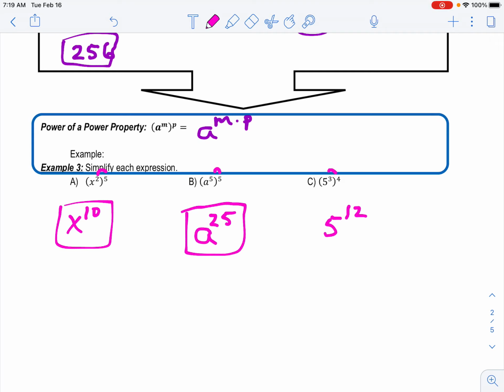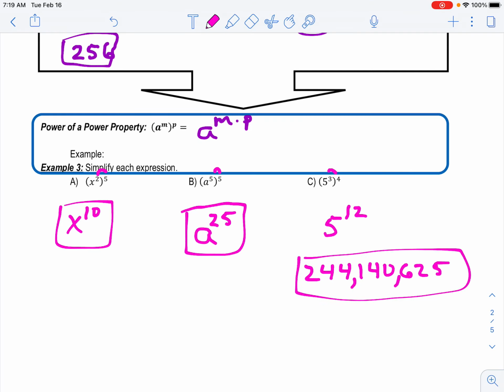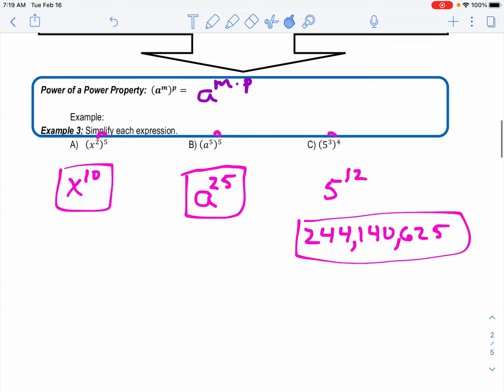Now, technically, I could put 5 to the 12th on my calculator, and we're going to get a big number. All right, so when we have parentheses, we want to go ahead and multiply the powers in. So that's rule number 2.